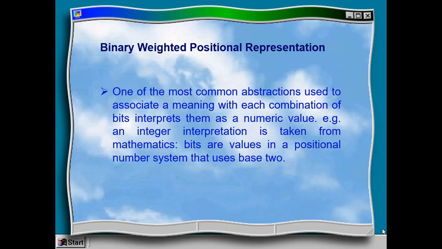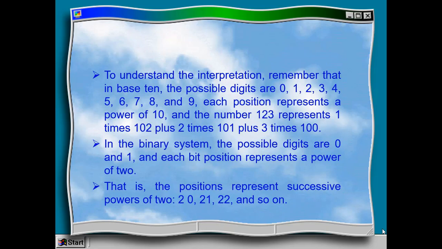To understand the interpretation, remember that in base 10, the possible digits are 0, 1, 2, 3, 4, 5, 6, 7, 8, and 9. Each position represents a power of 10.